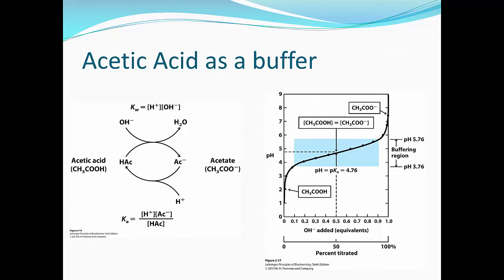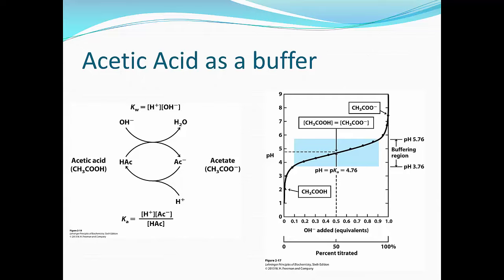One example of a buffer is the weak acid acetic acid. In this system, as acidic protons are added to the solution, acetate is converted to acetic acid. But as we move back to equilibrium, the acidic proton is then donated to hydroxyl groups that can also be added to the system in order to make water, neutralizing the solution back to the pKa of the buffer.